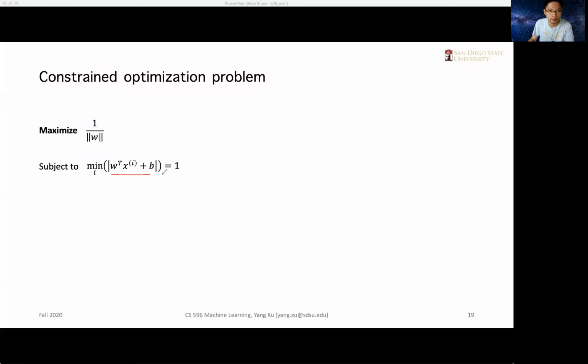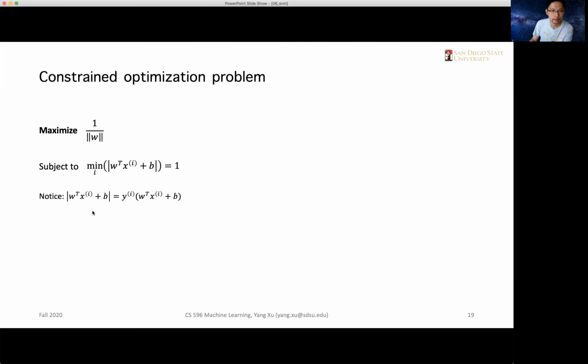The minimal value of this expression should be 1, because that is our additional constraint. And for any data points that are farther apart than the nearest data points, it should be greater than 1. So that's why we have these minimal operators here.